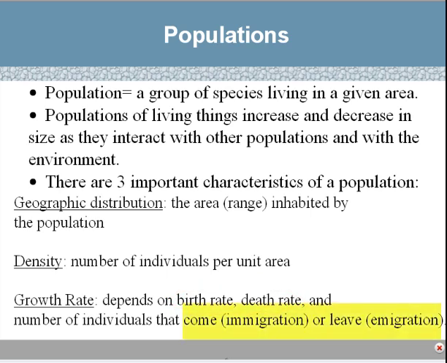Immigration is the term we use for when members come into that population. They add to the numbers, makes that population grow. And emigration with an E is the term we use when species exit or leave that population.